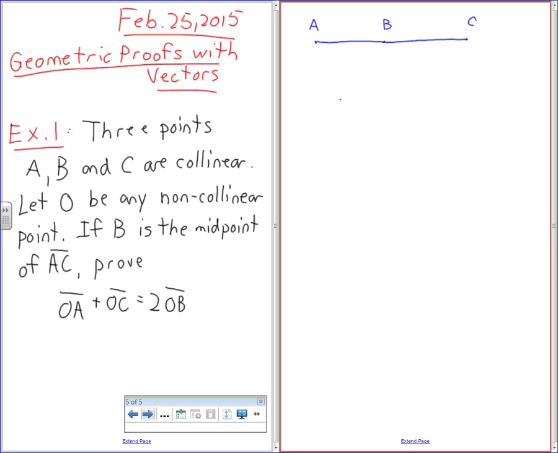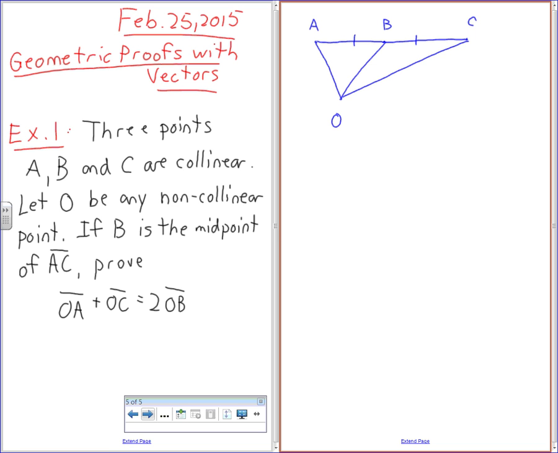Now, one key point that Matt used: what did you tell me when I walked by your table? Oh, I can use BC as a negative BA. Right. Because it's the midpoint, those are the same distance.